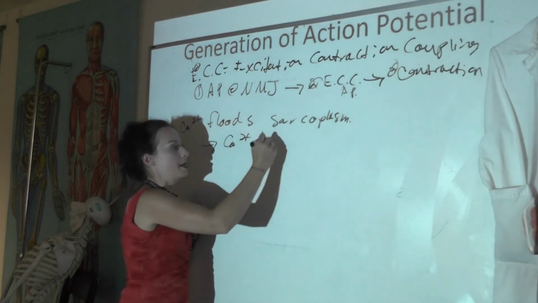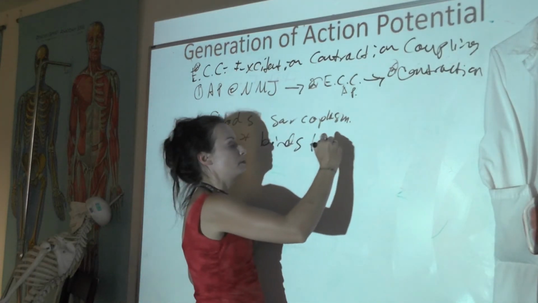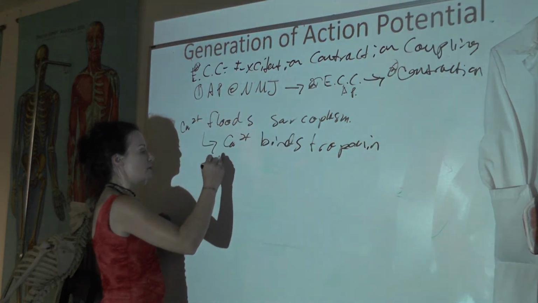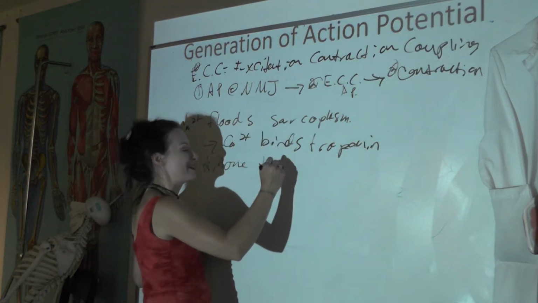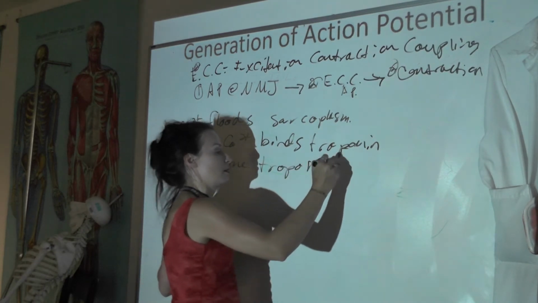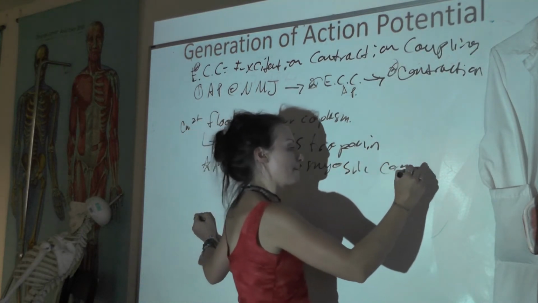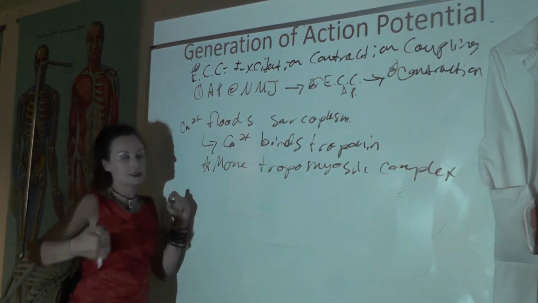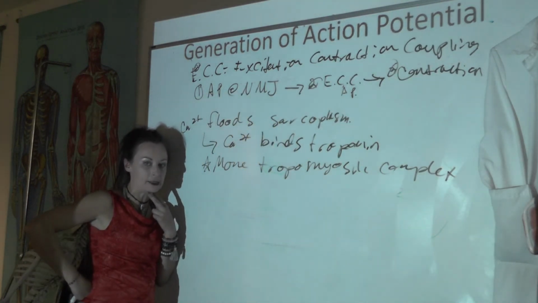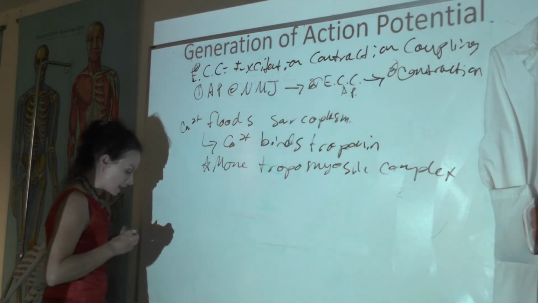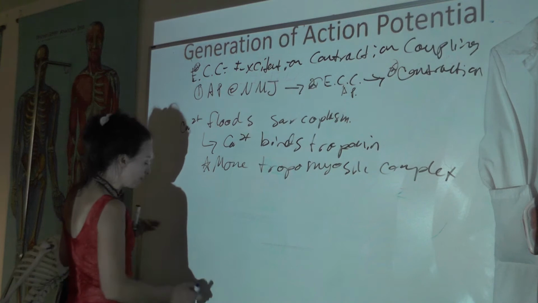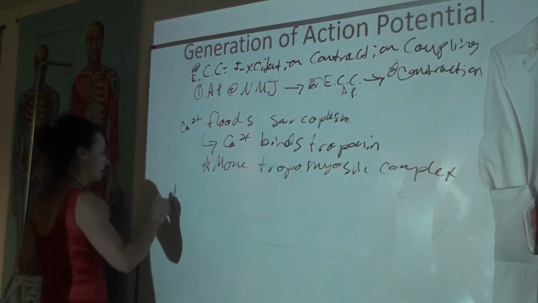Calcium binds troponin. What this is going to do is move the tropomyosin complex, and that exposes the myosin head binding sites on actin and leads us to the third part of muscle contraction, the muscle fiber contraction.